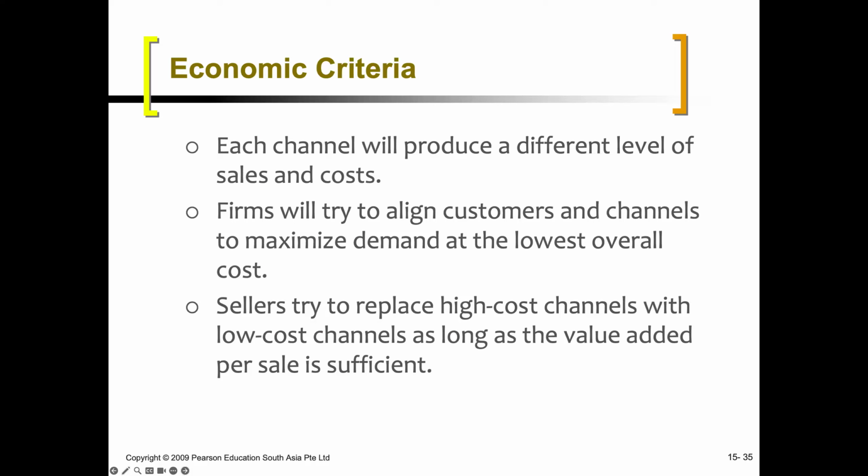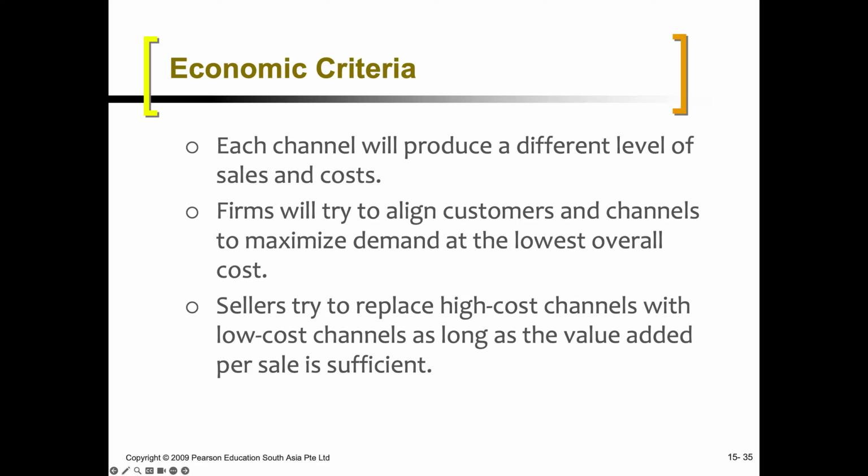The sellers will try to replace the high cost channels with the low cost ones, as long as the value added per sale is sufficient. Using a sales agency might pose a control problem.